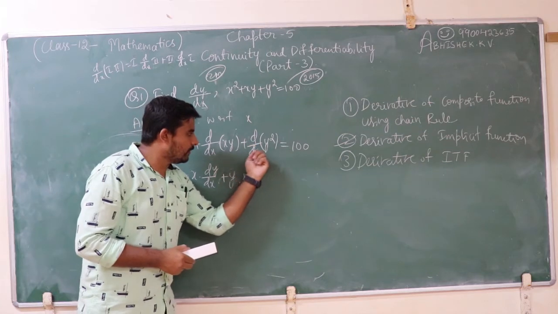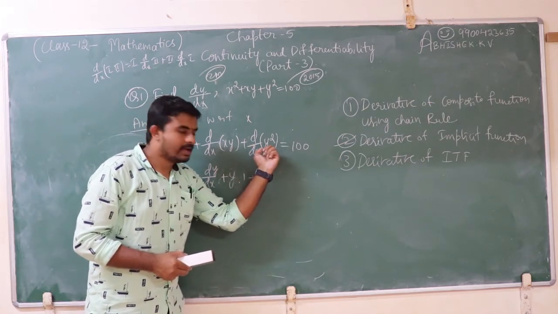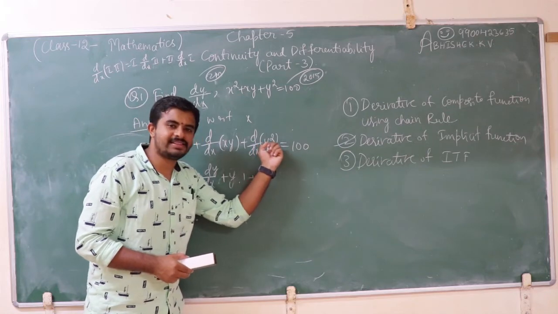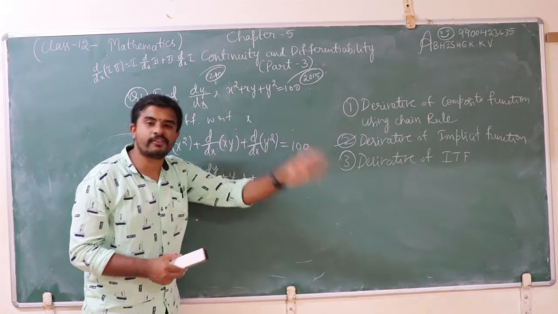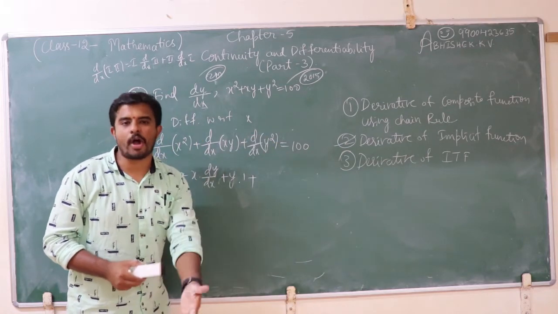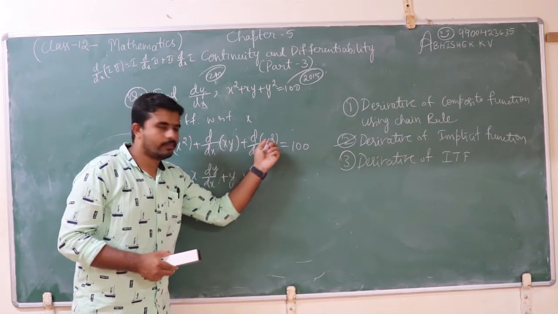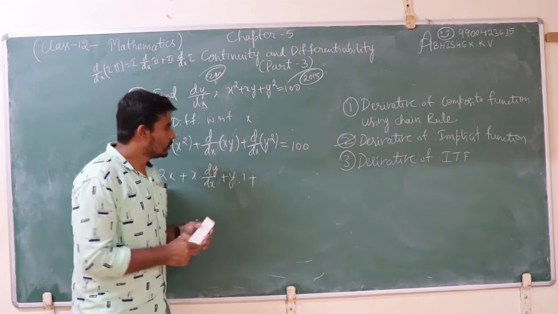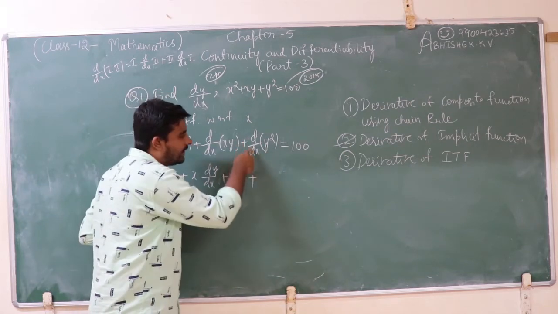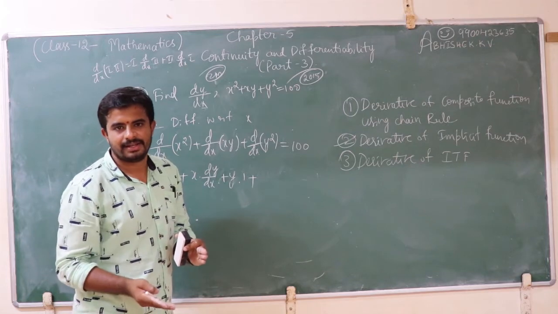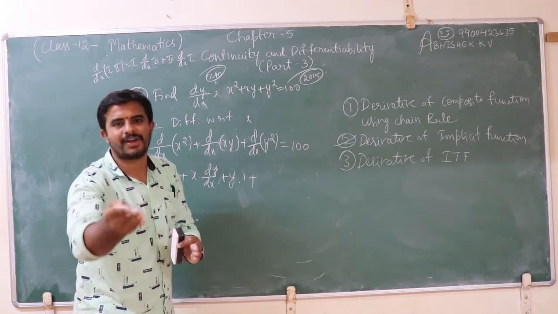the derivative of one parameter with respect to another parameter. This y square is not a single-variable function; it is a composite function, because y and x are different variables. So first we need to find the derivative. It is of the form x to the power of n.